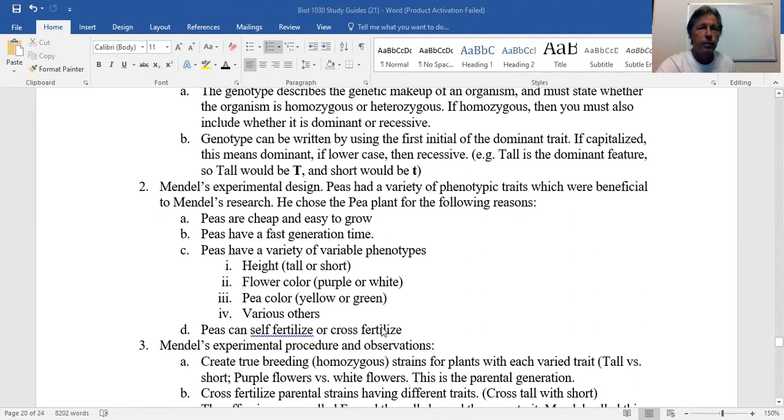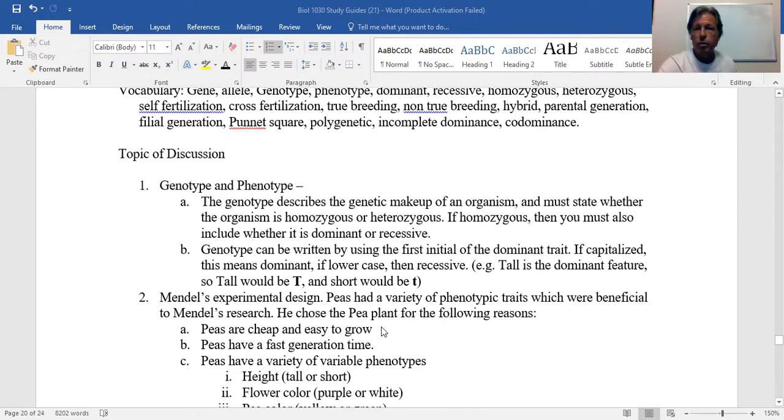Okay, there we go. Now, we're going to need a couple terms, about 4 terms, really, in order to discuss what we're seeing in Mendel's experiment. We need to talk about genotype and phenotype. So what is the genotype?